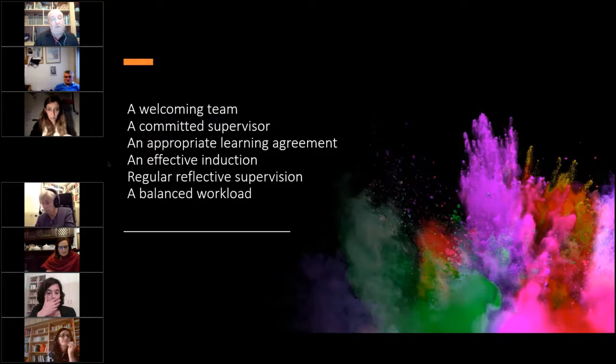But that can then restrict, it can narrow the students' opportunities for learning. So what I've been teaching student supervisors to do for many years now is to think of one or two projects that the student can get involved with.